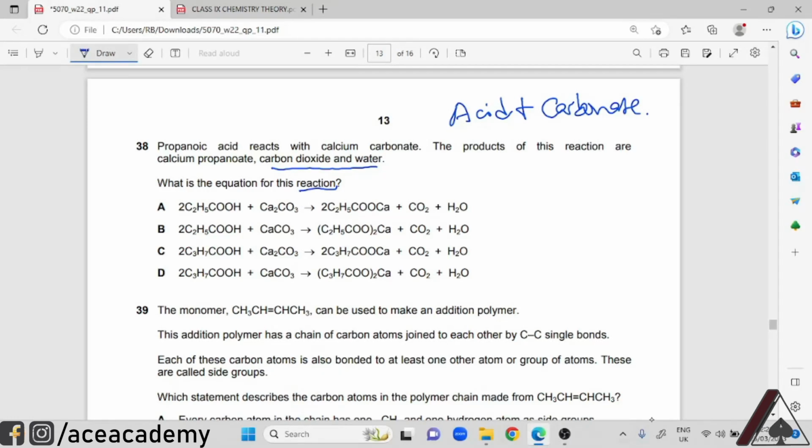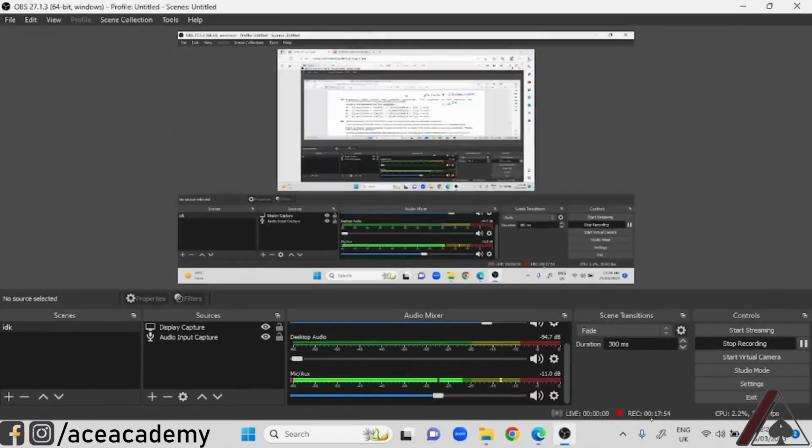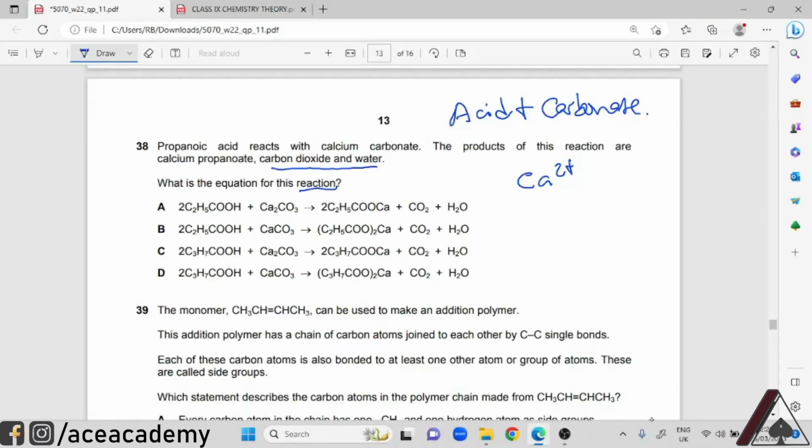We know that for calcium we have an oxidation state of 2. So when it reacts with the acid, once again the salt it will form, this part will automatically have 2 moles. So the option is either B or D, since we have a 2 over here.